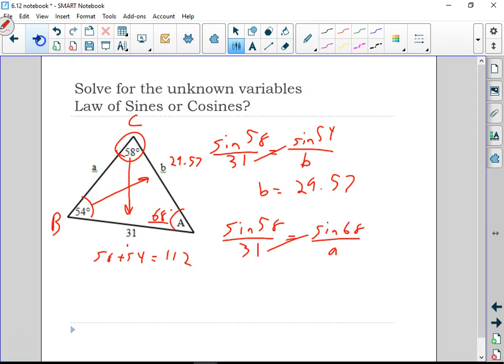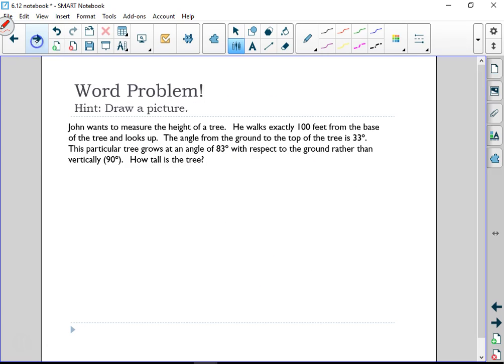And again, I'm going to just multiply 31 times sine of 68 divided by sine of 58 and find out that a is equal to 33.89. There you go.